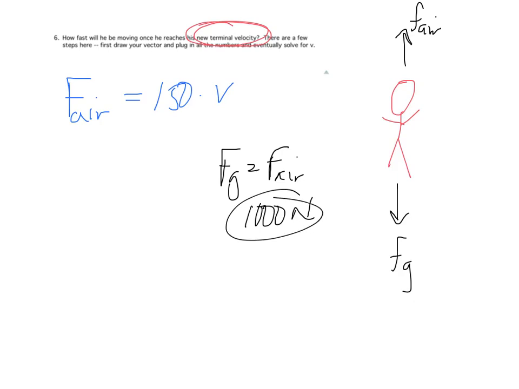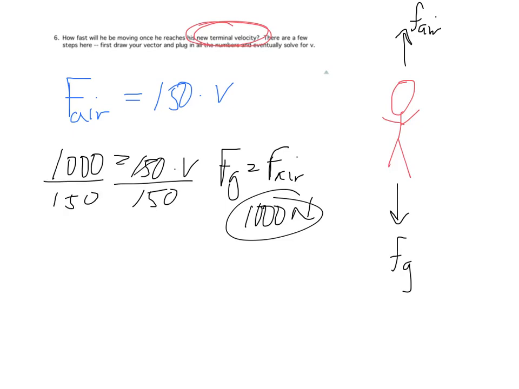So we'll go ahead and plug that into this equation over here. We've got 1,000 newtons is equal to 150 times v. So I'll divide by 150 on both sides. Cancel, cancel. And I end up with a velocity of 6.6 meters per second.